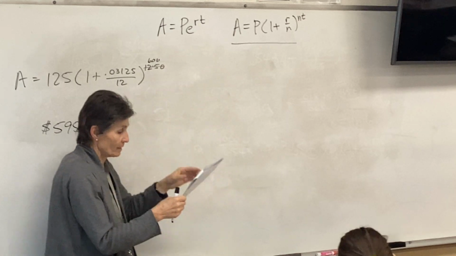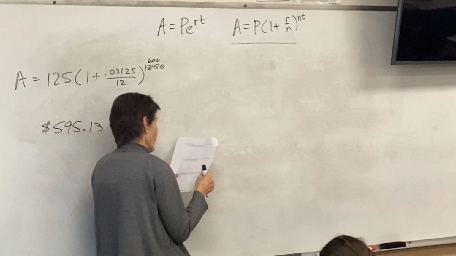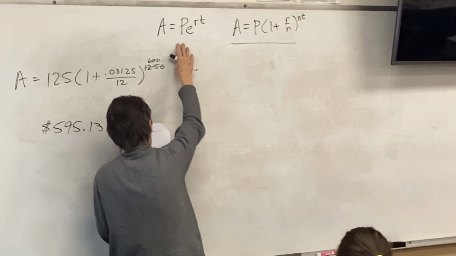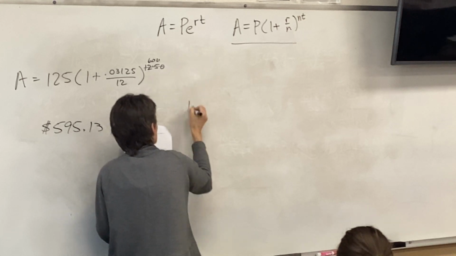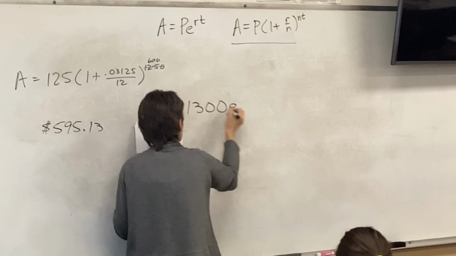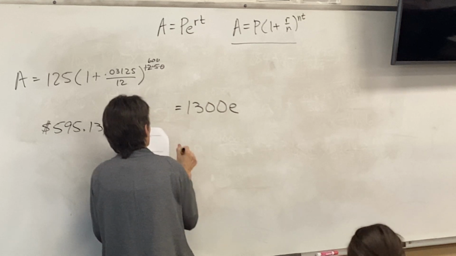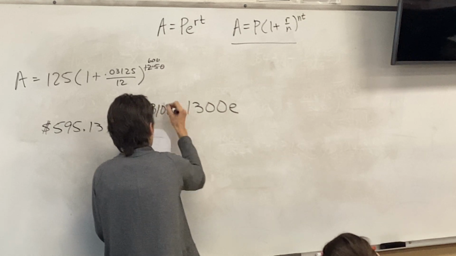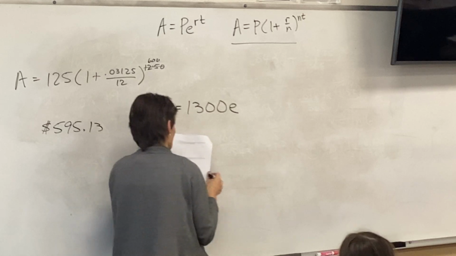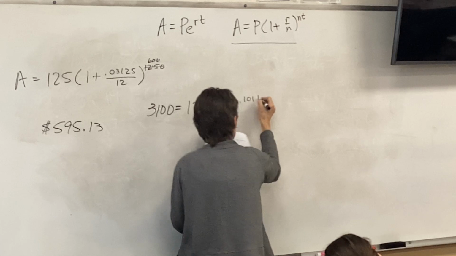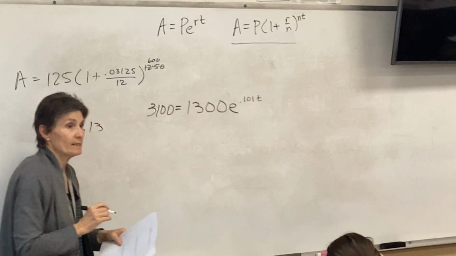All right, here we go. This is my formula. Where does the 1300 go? P. Where does the 3100 go? Growth constant is 0.101. And I'm looking for T.